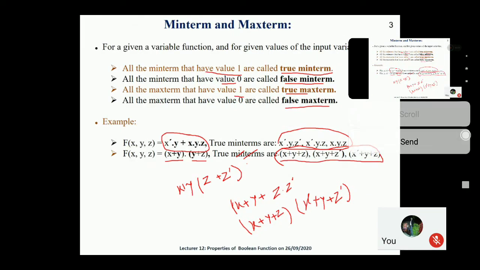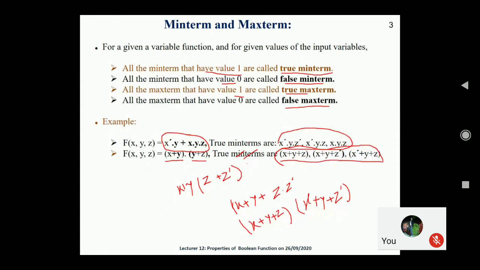So true min term means what? Suppose here I'm writing x bar, y, z bar. Suppose x equal to 0, y equal to 1, z equal to 0. If x equal to 0, then x complement is 1. Y is already 1, and z equal to 0 means z bar equal to 1.